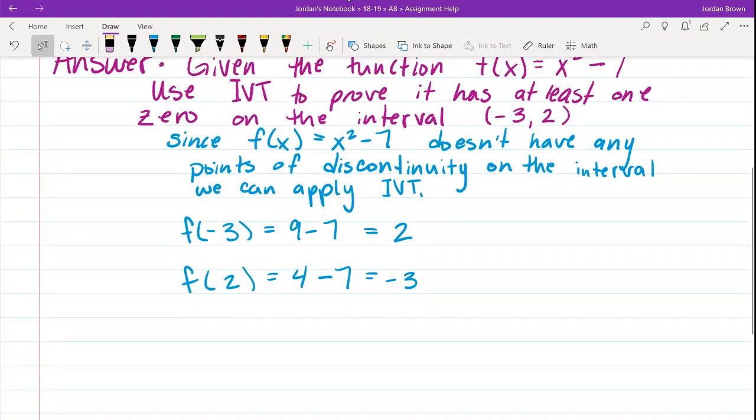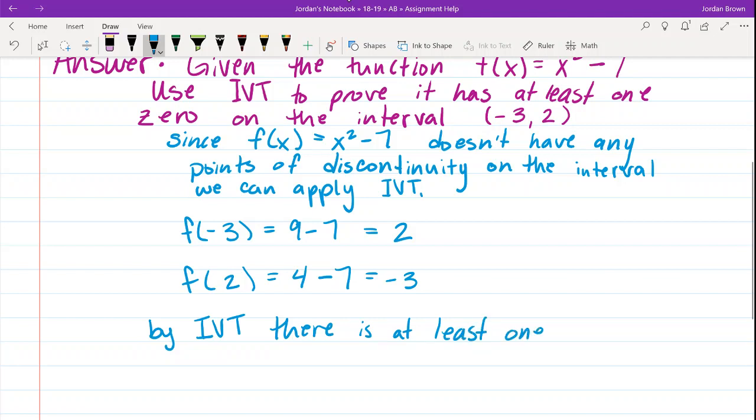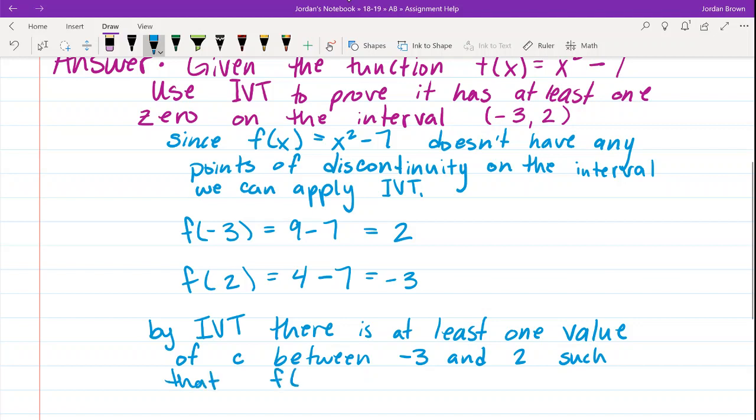What this means is that by IVT, there is at least one value of C between -3 and 2 such that f of C is equal to 0.